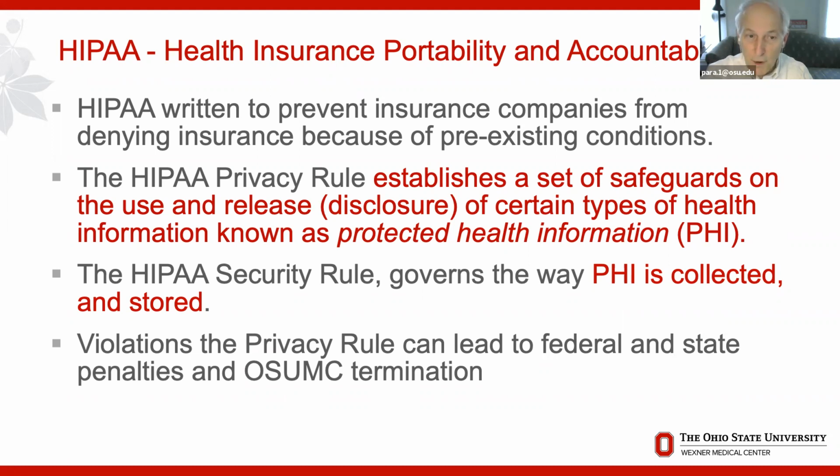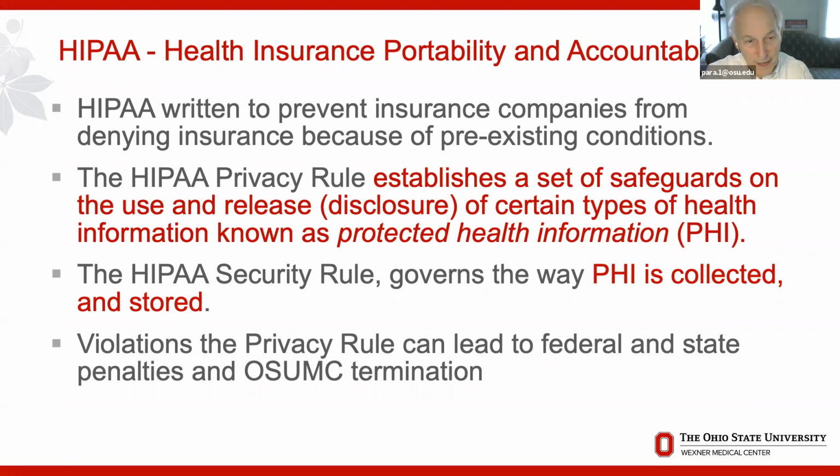But the second part of it is the HIPAA privacy rule, which establishes a set of safeguards on the use and release of certain types of health information, which is called protected health information. In a lot of my slides, release of information under the HIPAA language is called disclosure.